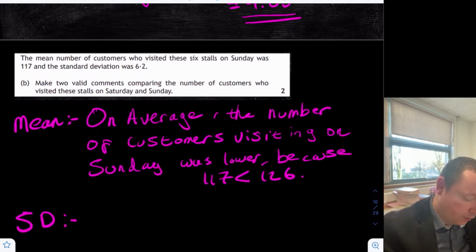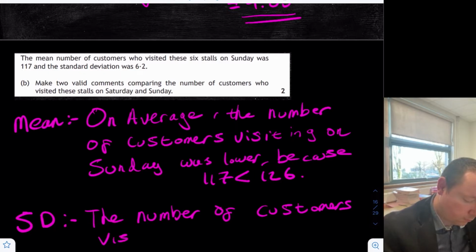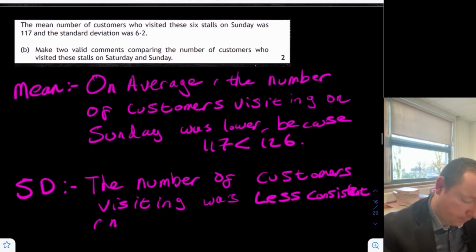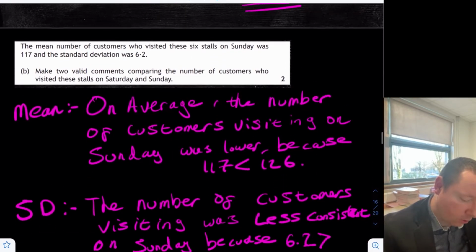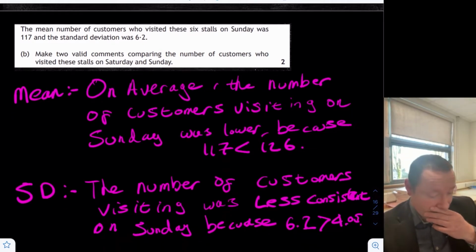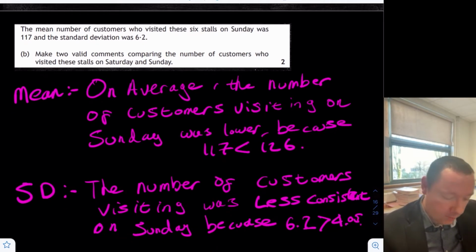So I would say the number of customers visiting was less consistent on Sunday because 6.2 is bigger than the standard deviation I got of 4.05. Or, of course, you could say the number of customers visiting on Saturday was more consistent because 4.05 is less.